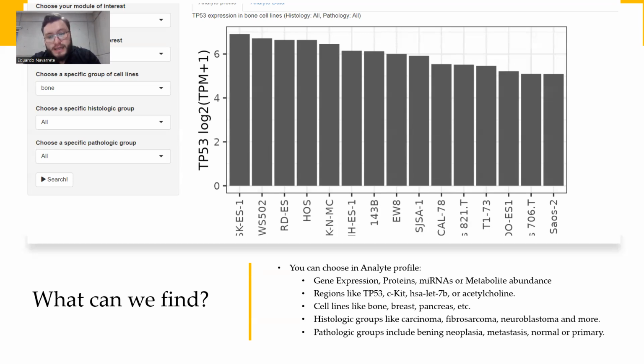Cell lines can be bone, breast, pancreas, etc. Histologic groups like carcinoma, fibrosarcoma, neuroblastoma, and more. And pathological groups include benign, neoplasia, metastasis, normal, or primary.